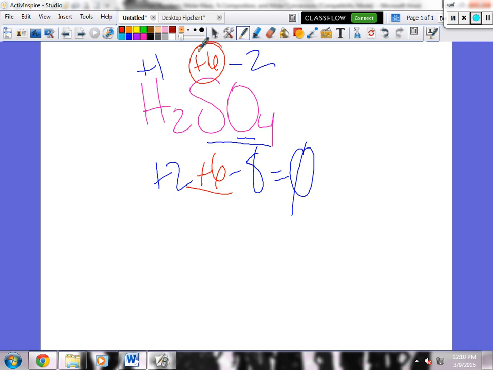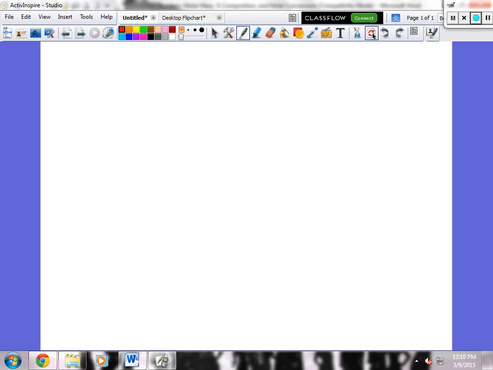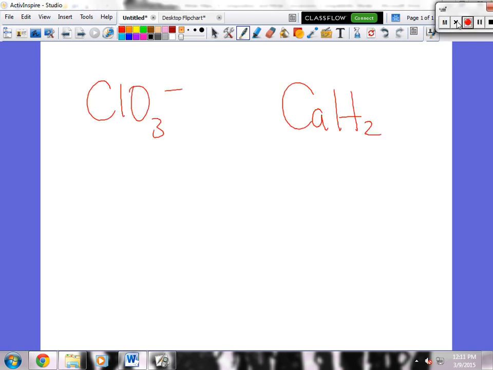Okay. All right, you guys do the next 2 and see if you can figure it out on your own. And yes, that is a -1 power. Good. So the first one, what do you set it equal to?